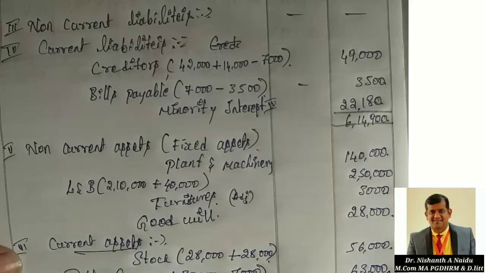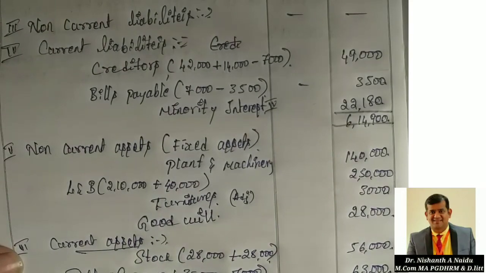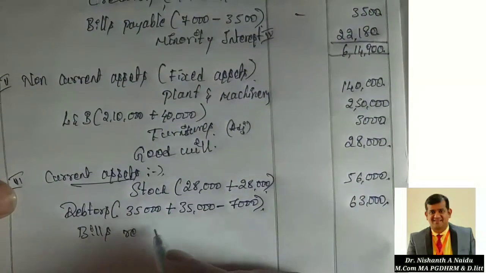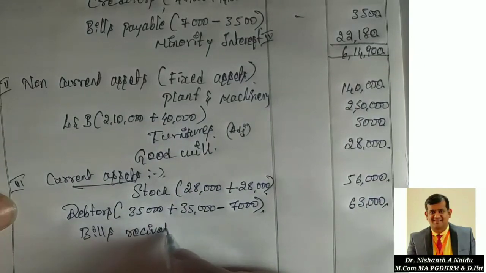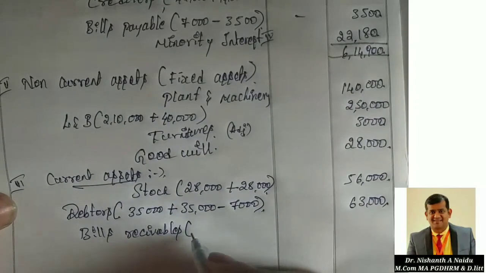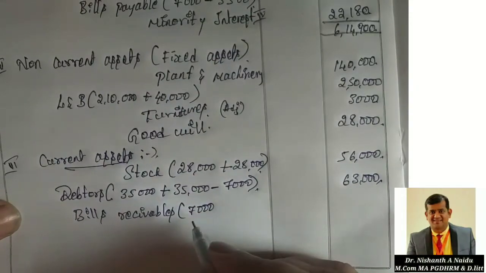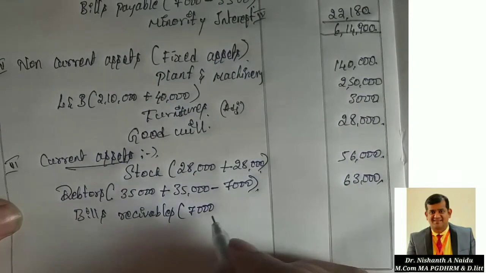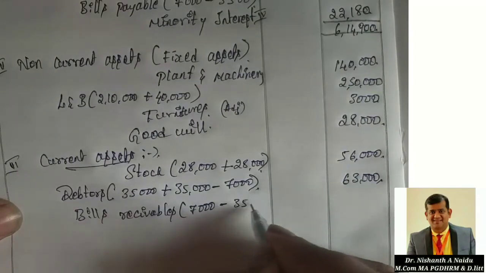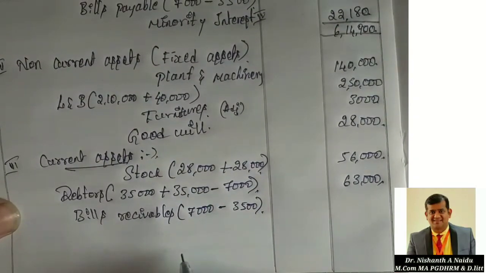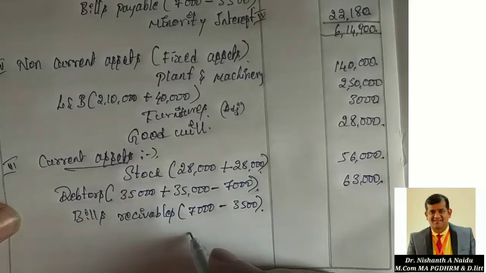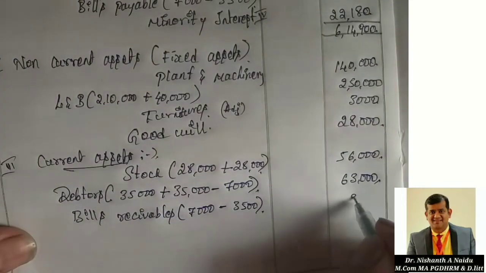Then we have bills receivable. How much? 7,000 rupees in P Company Limited. Nil in Q Company Limited, but there is an internal transfer of 3,500 as per adjustment number 1. So that 3,500 should be deducted.